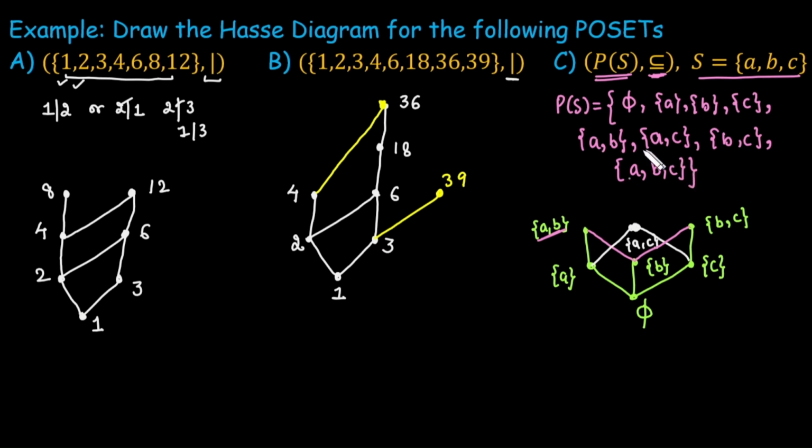Yes. It means the level of this one will be one higher than this. So let's suppose it is placed here. Now AB is a subset of this. AC is also a subset of this. BC is also a subset of this. So this is the final Hasse diagram we are getting in this case.